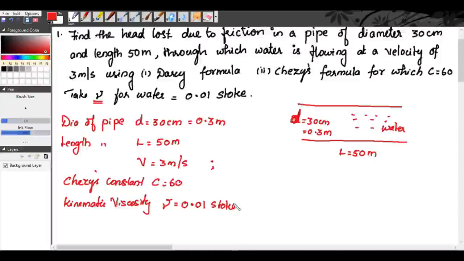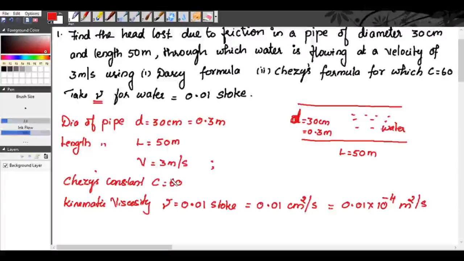We have studied in our first module that 1 stoke is equal to 1 centimeter square per second. So it is 0.01 centimeter square per second. Converting it into meter square per second, we get 0.01 into 10 raised to minus 4 meter square per second.